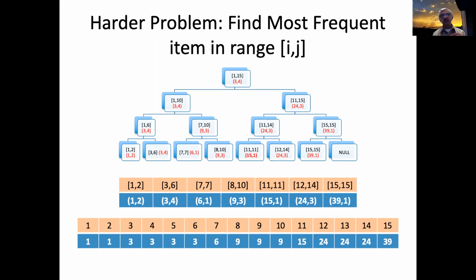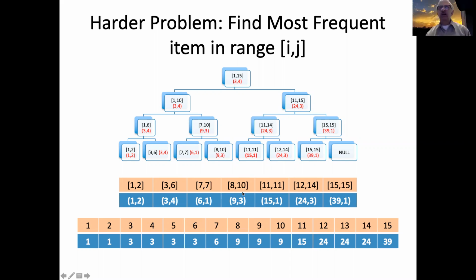Then again, I ask the question, is it in the left subtree or the right subtree? And again, I figure out that 7 through 10 is completely in the right subtree. And then here I see that it's in the root. And so I can simply answer the question as 9 is the most frequent item and its frequency is 3. Is that clear? Yeah. So this was the easy case.